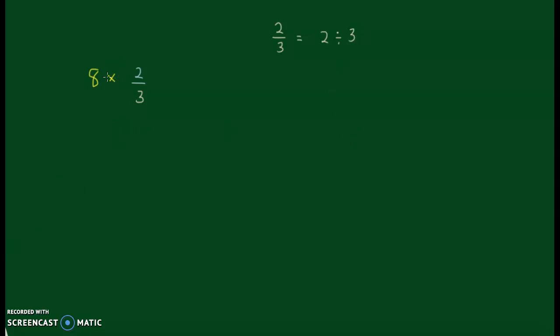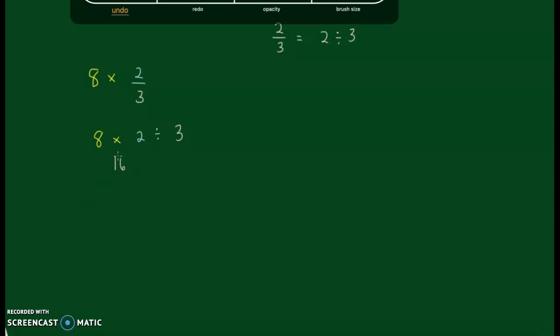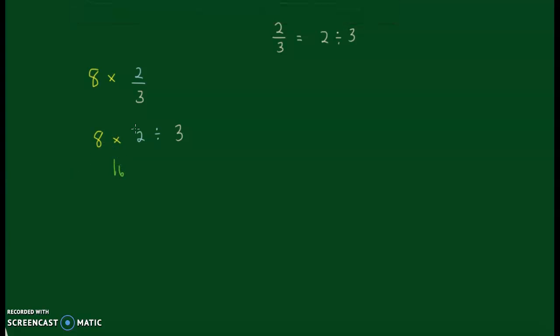So I'm going to rewrite our multiplication problem as 8 times 2 divided by 3. 8 times 2 gives me 16. And then I'm going to do divided by 3.